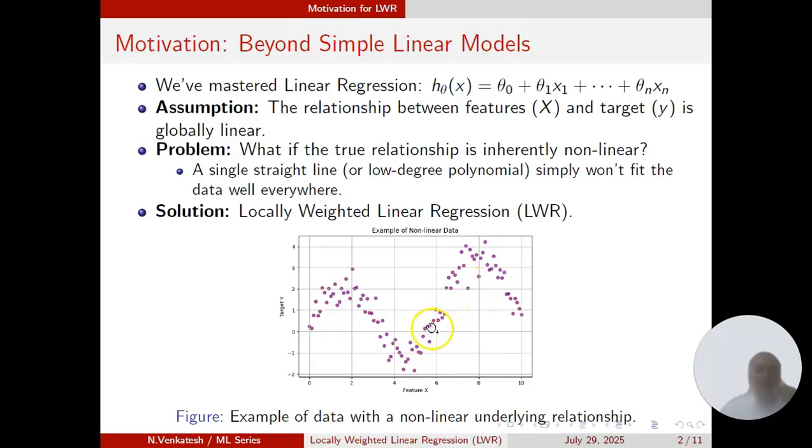You consider a point and consider the nearby points, and by considering the nearby points you fit a straight line again and use that to predict that point. So that is locally weighted linear regression.